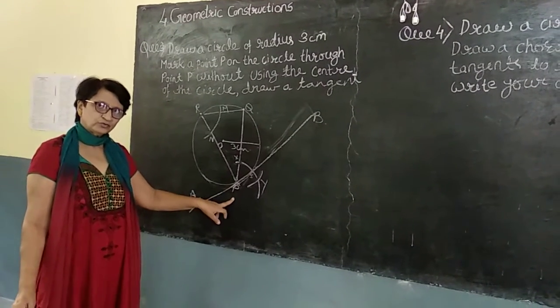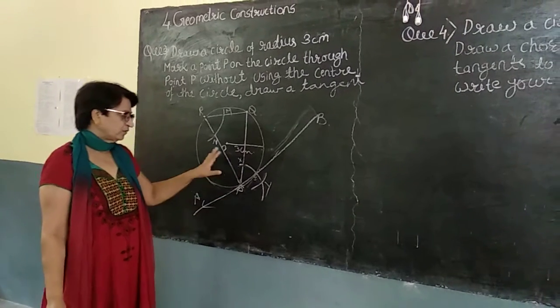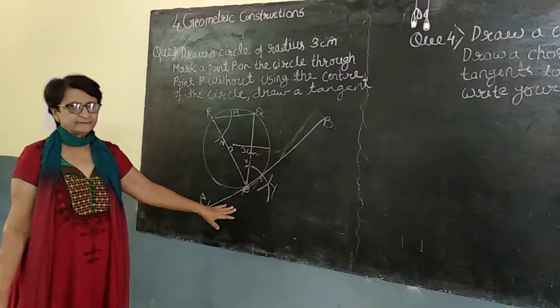I have already taught you in the previous sum, and I am not going to write it again and again. When you submit the books, this point should be covered.